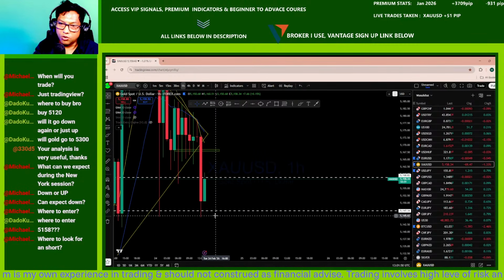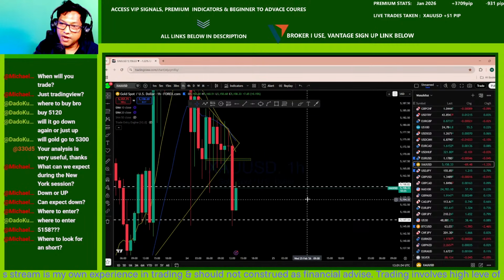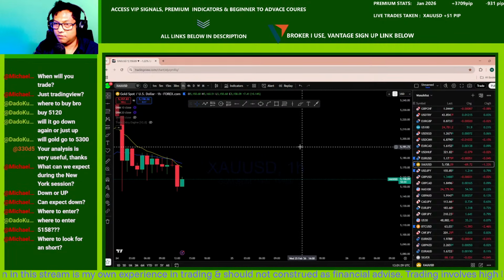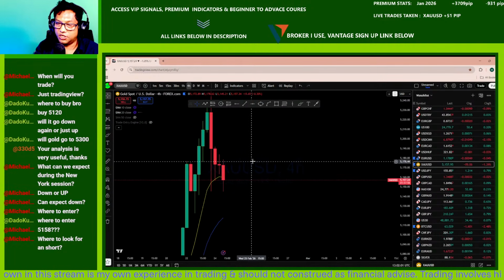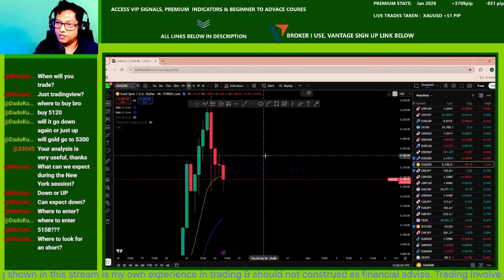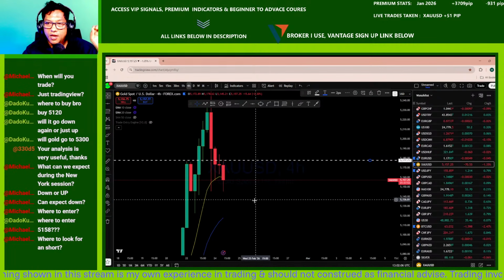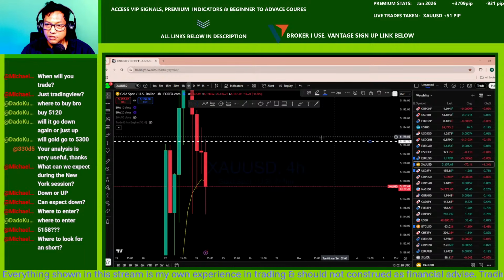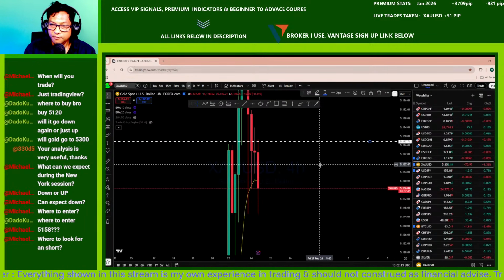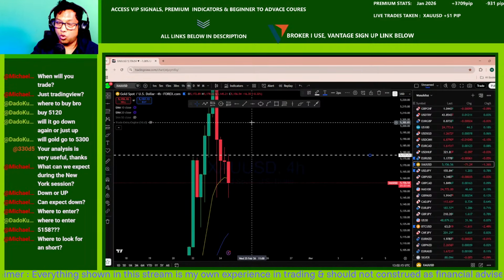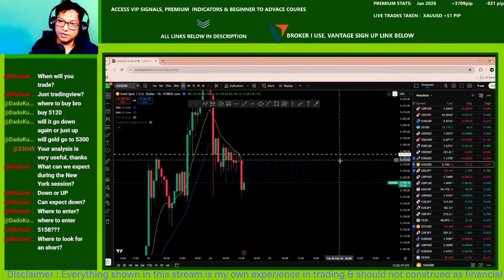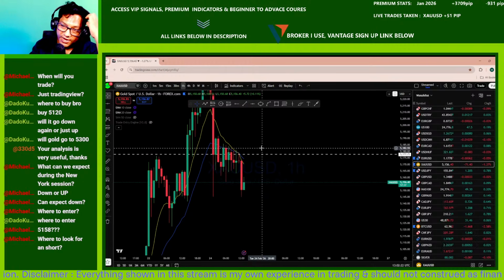Now the 1 hour candle closed with a double bottom here, and this might now go up for another pullback, and I'm looking at the 4 hour chart again in that area. This is the resistance line here, and from this support here, they're expecting it to go up higher, and this market might now go back again for another retest.